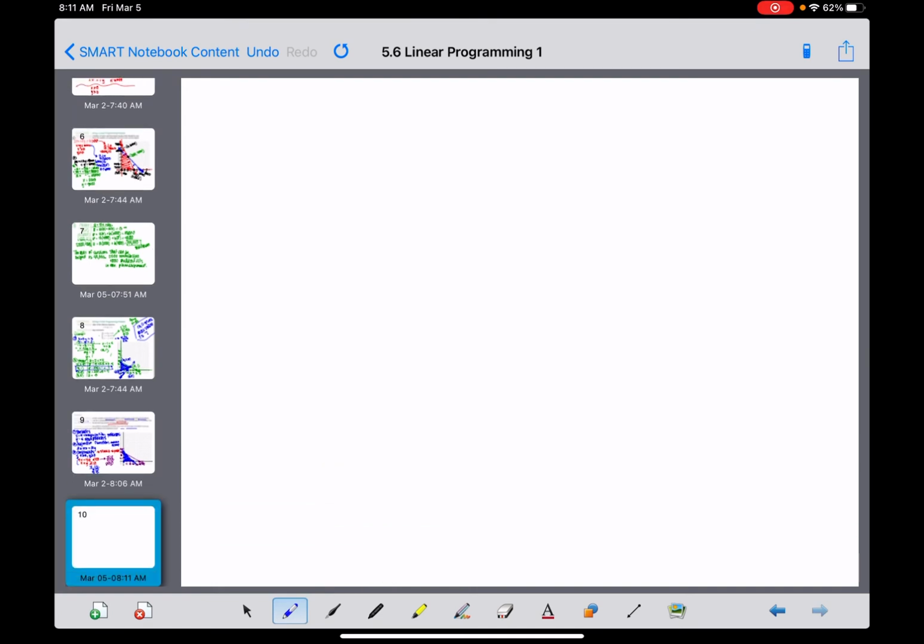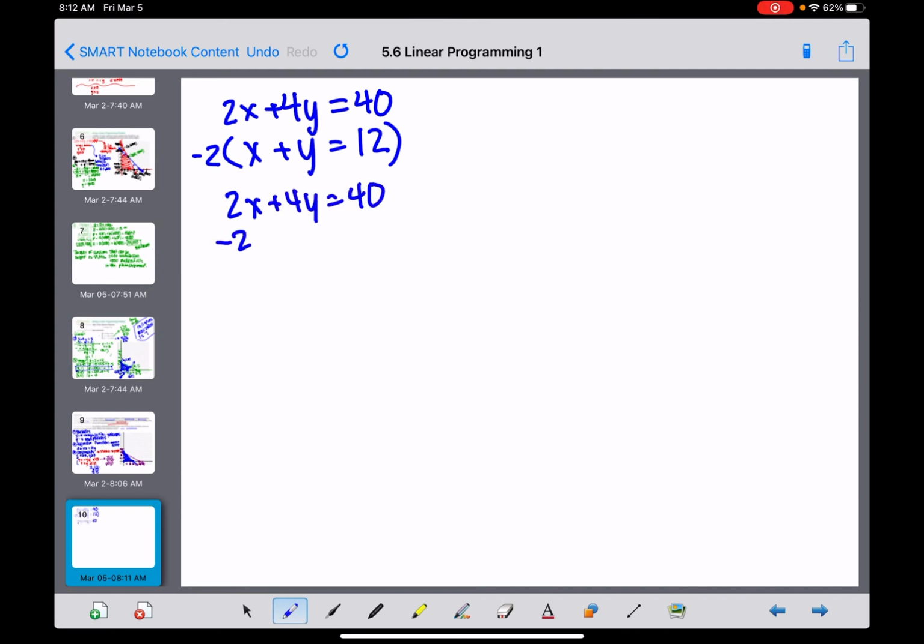Okay, so we need to solve this system to see where they're intersecting, because I know that I didn't draw my graph super great. So 2x, and you're always going to have to verify this. So even if you are pretty sure on your graph, you need to verify. So we are going to multiply by a negative 2 to get rid of the x. So we have 2x plus 4y equals 40, and negative 2x minus 2y equals negative 24.